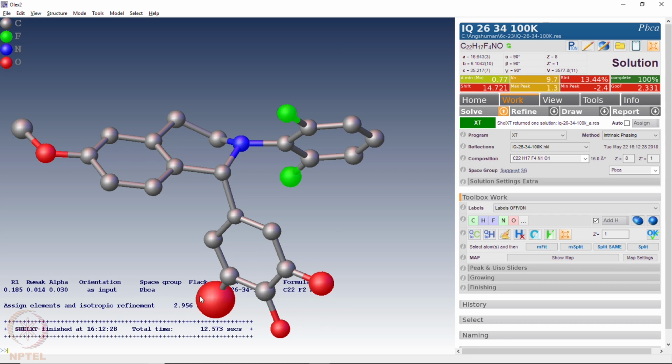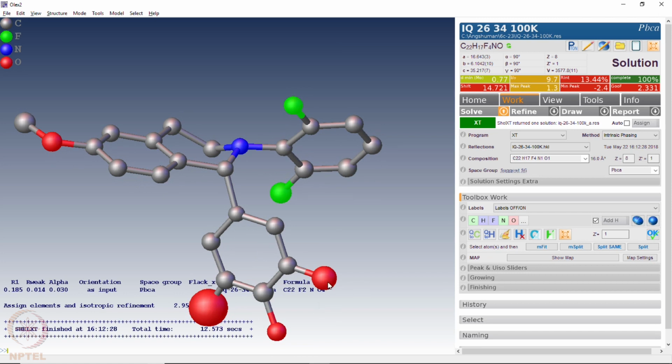With my chemical knowledge, because we know what molecule we made, we now know that there are two fluorine atoms, one here and one there. Only these two should have been the fluorine atoms, but here also one large electron density is appearing and the software is thinking that it may be oxygen.